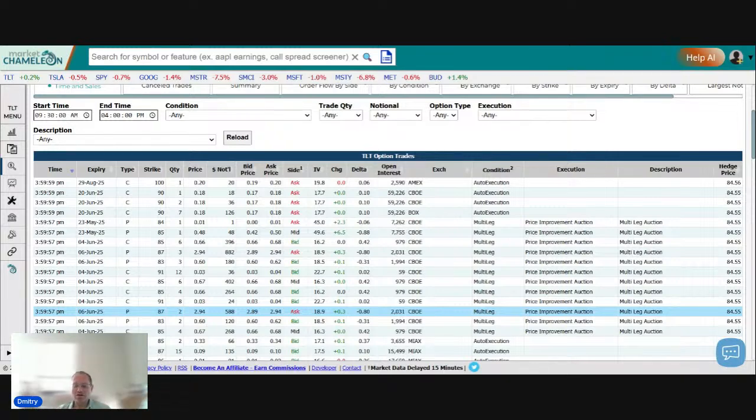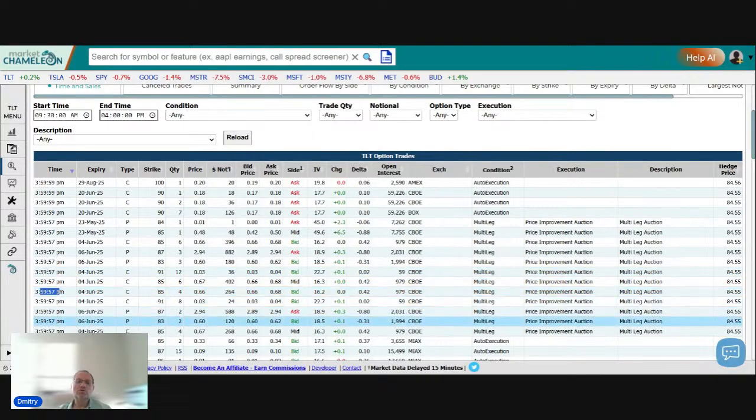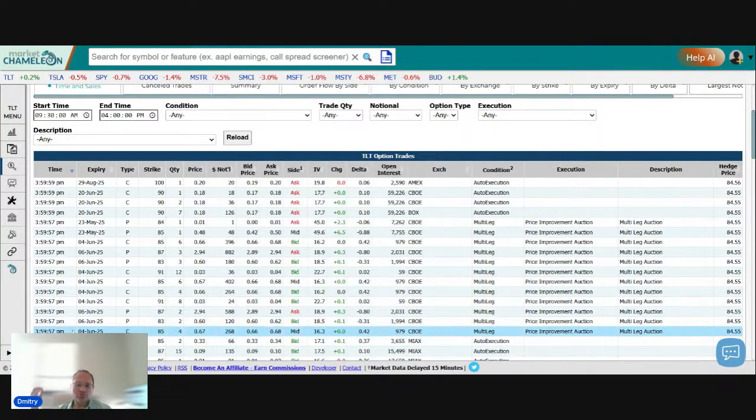Or you want to see how certain things correlate. Well, by having timestamps, it becomes extremely important for research and trader analysis. So that's why I call it time and sales: the timestamp and the trade, or the sales that occur.